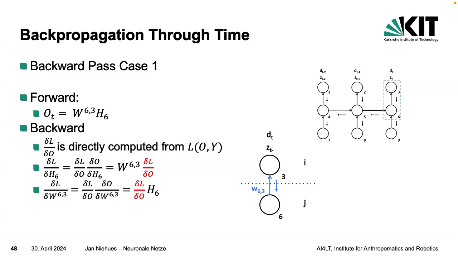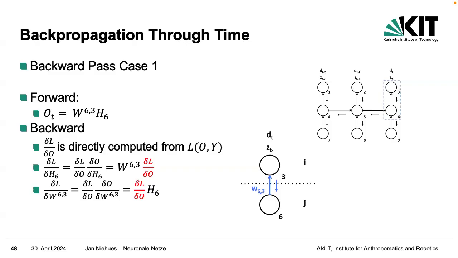So to calculate the one to H6, we again do the splitting and the backpropagation. It's the derivation of the loss with respect to the output times the derivation of the output with respect to the hidden state 6. If we look at our function and calculate the derivation there, that's exactly W63.